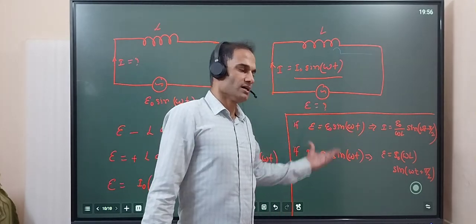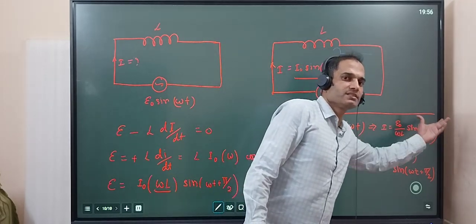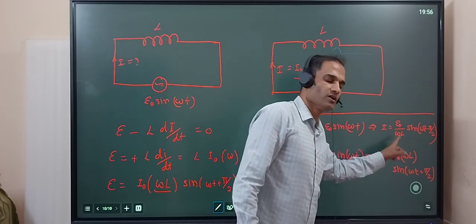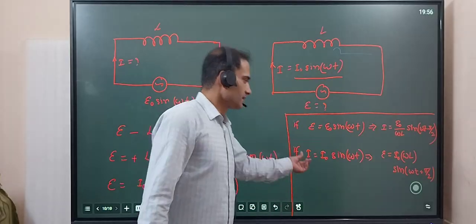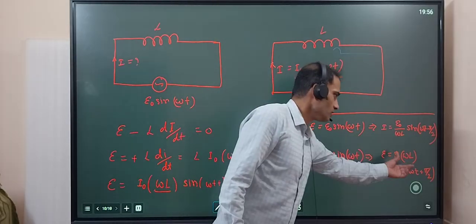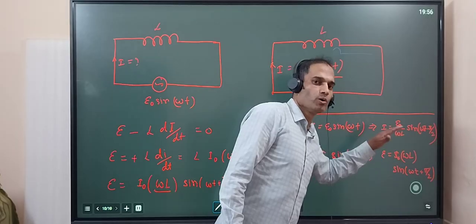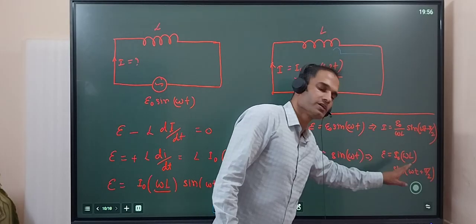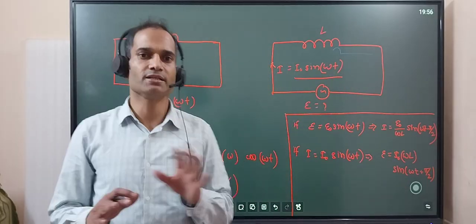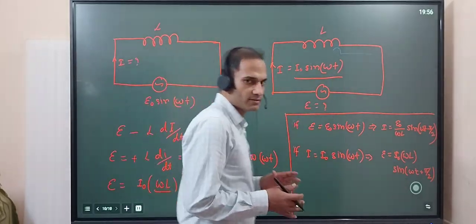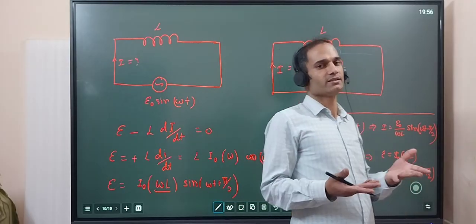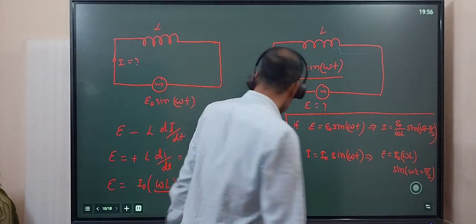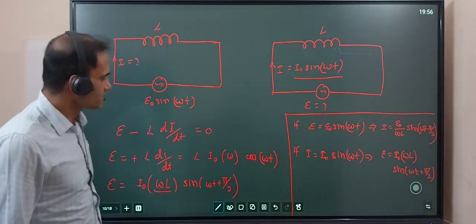Voltage is known, and what we see, current is lagging. Inductive reactance is still omega L. Current is known, and what we saw, voltage is leading. Voltage leading means current lagging, and current lagging means voltage leading. So both are the same thing, the leading or lagging part. And we are getting the same inductive reactance. Okay, so I hope this part is clear.